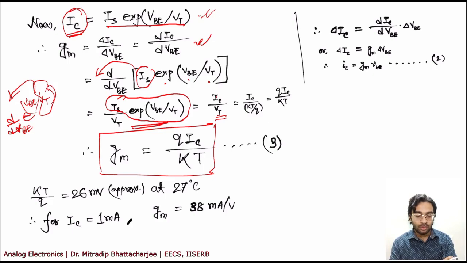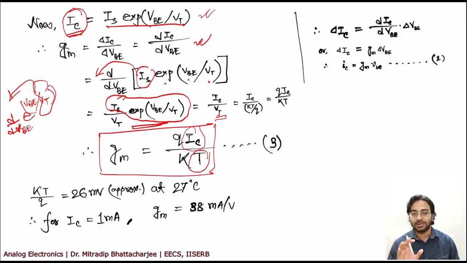Now, if I want to increase the value of GM, what can I do from the expression? It is quite evident that you can increase the value of IC or decrease the value of T. Now decreasing the value of T doesn't make sense because you would need maybe liquid nitrogen, or you would have to put the circuit in a refrigerator, which doesn't make sense because when you design a circuit it will be used in the ambient.